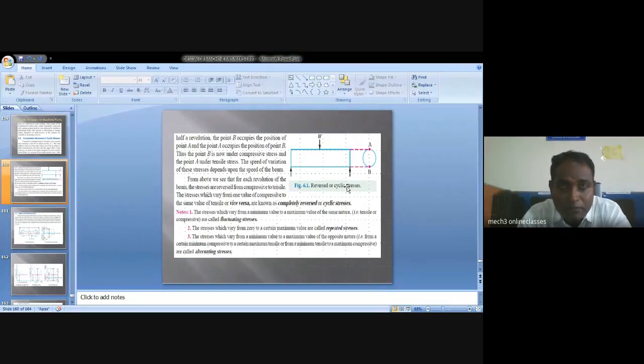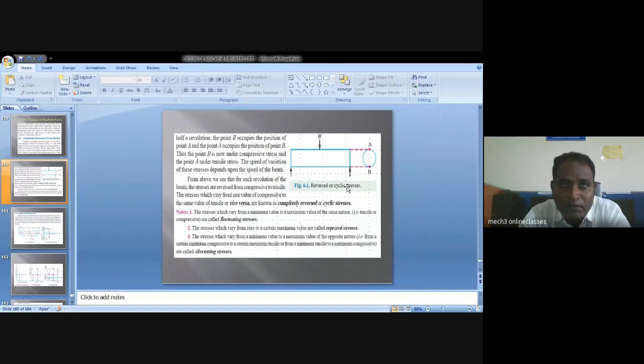If you apply the force in the reverse direction, your side becomes tension and the opposite side becomes compression, which means the portions always change depending upon the direction of the forces acting on the body.